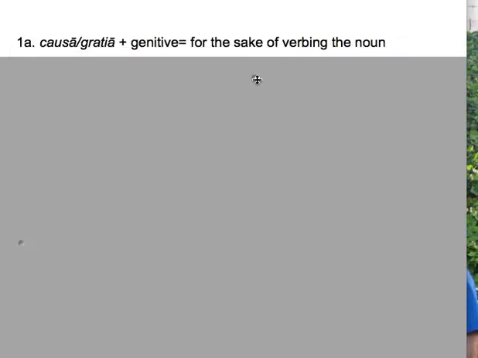Now, on this next stuff, you need to take some solid notes. We're going to look at some uses of the gerundive. The gerundive is not a sentence by itself. These are just phrases. Here's one possible use. The Romans will use the word causa or gratia in this form that you see right here. One of these words plus a genitive case gerundive and a genitive case noun to express this idea: for the sake of verbing the noun.